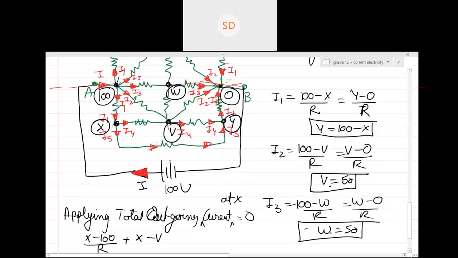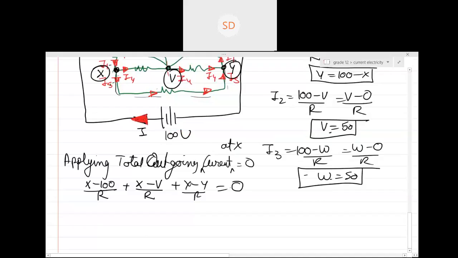X minus V by R and X minus Y by R. Can you see three branches at X? Is this clear, guys? So can you see the whole thing broke into one single equation: X minus 100 by R.